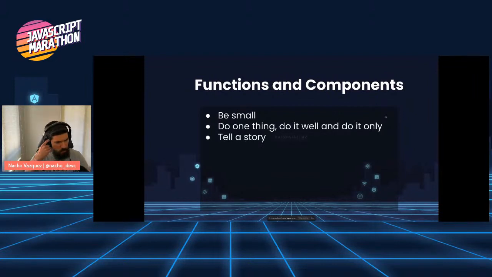Our components should also tell a story. So when you're reading, your component should be organized in a way that reads like a recipe, the script of what you're doing. And we can do that by extracting bits of code and adding new names to them. And new names bring with them semantic value.